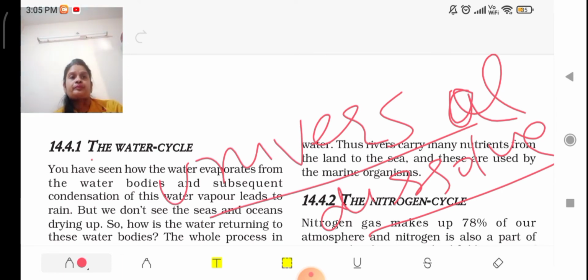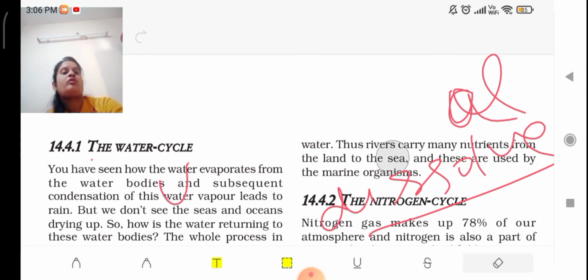These minerals and nutrients are used by marine animals like fishes, the animals which live inside the water in the sea and ocean. Marine plants and all use these nutrients and minerals for their life processes. So this is one cycle, the water cycle.